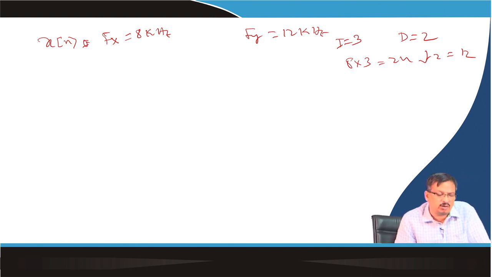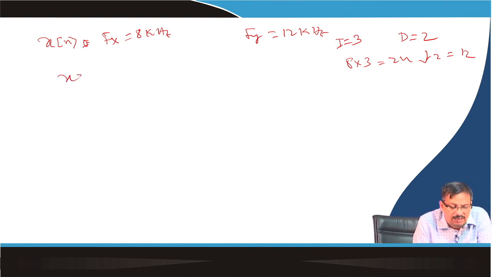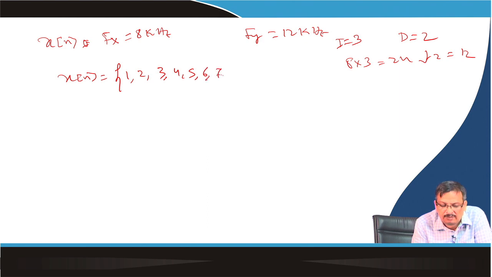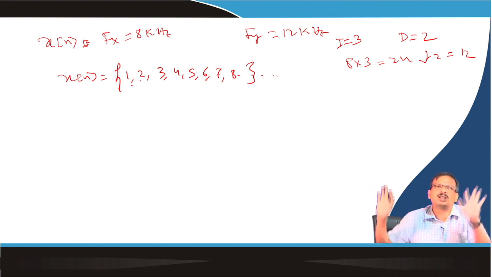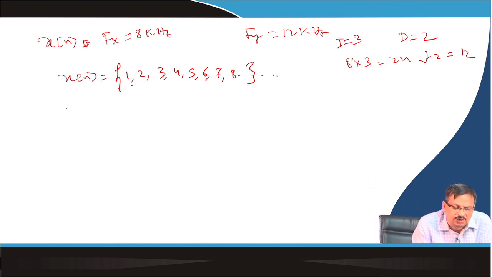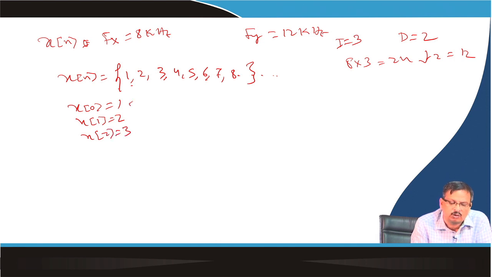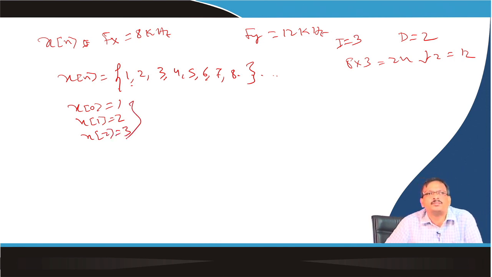Now, suppose x of n is like this: 1, 2, 3, 4, 5, 6, 7, 8, all are sample values. So x of 0 is equal to 1, x of 1 is equal to 2, x of 2 is equal to 3. Now, what is upsampling?